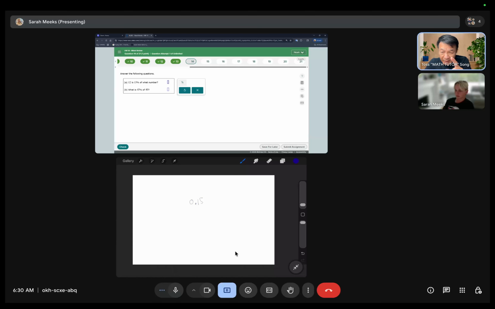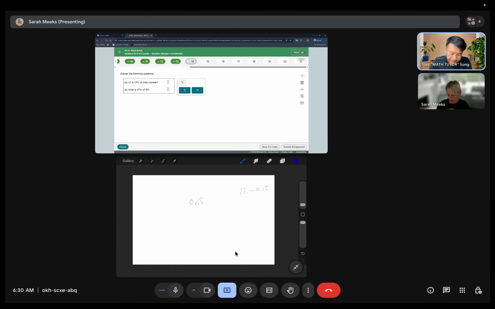Now, when you don't have the number right behind the word off, remember, you will have to divide. But if there were a number right behind the word off, you multiply that percent to that number. So this time for A, you'll have to divide. You're going to divide 12 by 0.15.